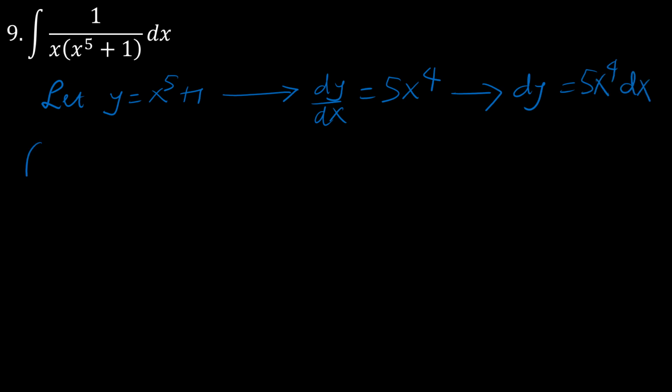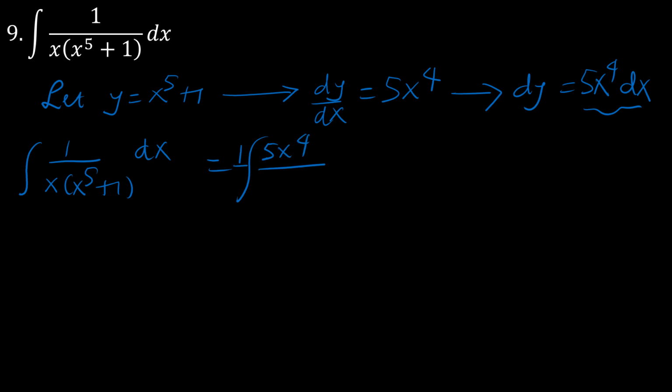So our integral now is 1 over x times x to the power 5 plus 1. To try and recreate that, we multiply 5x to the power 4 in both the numerator and denominator. So we can pull a fifth out, so that now we just have x to the power 5 here and x to the power 5 there.